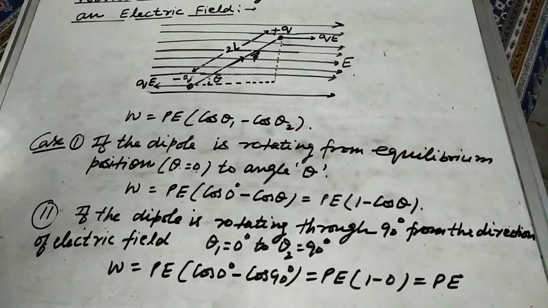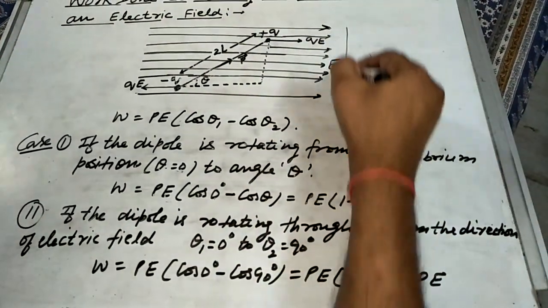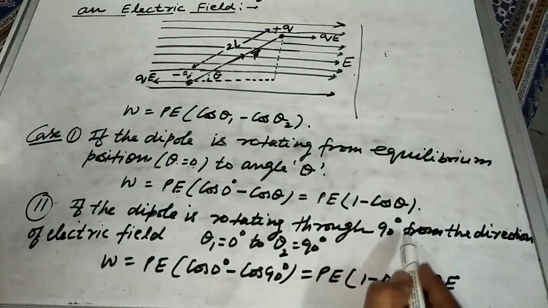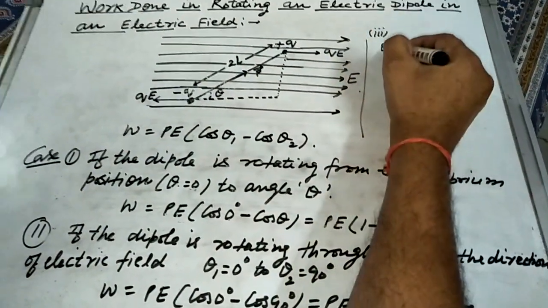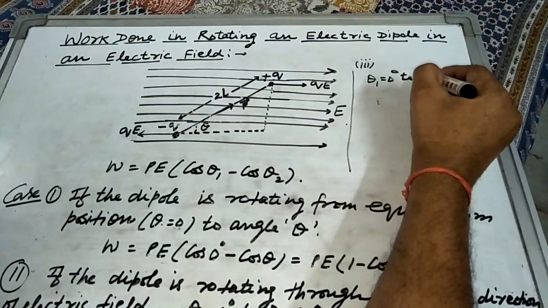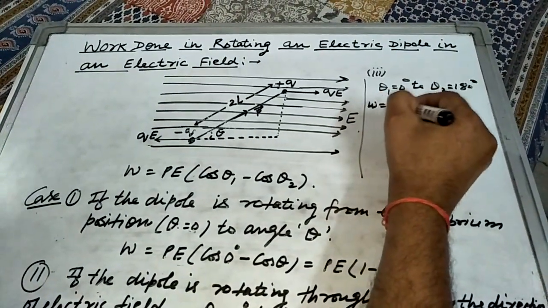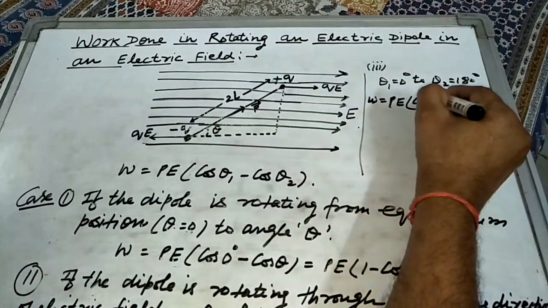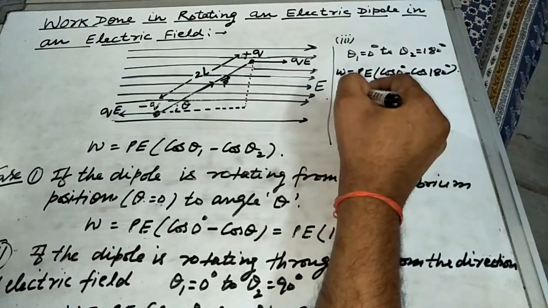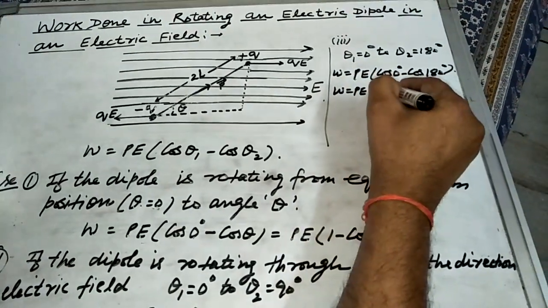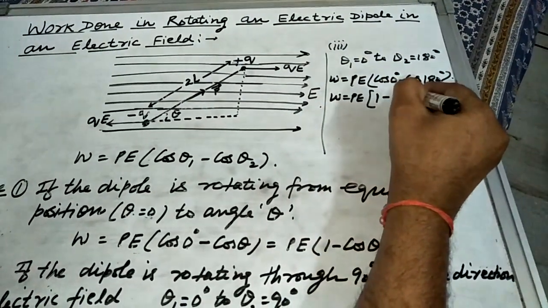Similarly, if the dipole is rotated through 180 degrees from the equilibrium position or from the direction of the electric field, then in this third case theta 1 is equal to 0 degrees and theta 2 is equal to 180 degrees, and the work done is given by pE (cos 0 − cos 180 degrees). Now cos 0 is 1 and cos 180 degrees is minus 1, so you can write 1 − (−1).